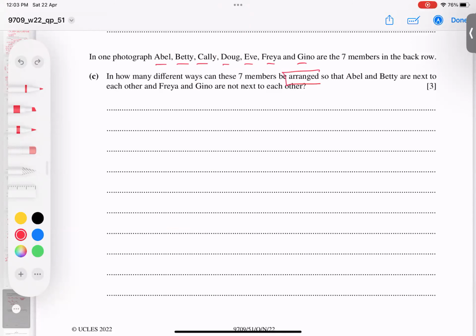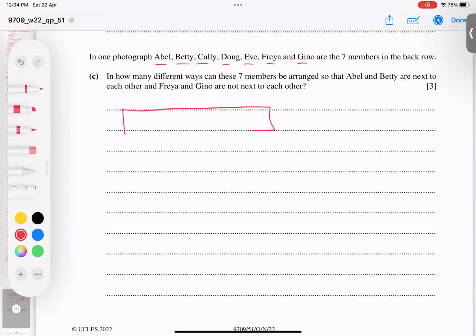Whenever the word arranged comes, we can guess the places change and matter. It means permutation. So here we have a permutation. And he's saying 7 members arranged so that A, B are next to each other, and F and G are not next to each other.